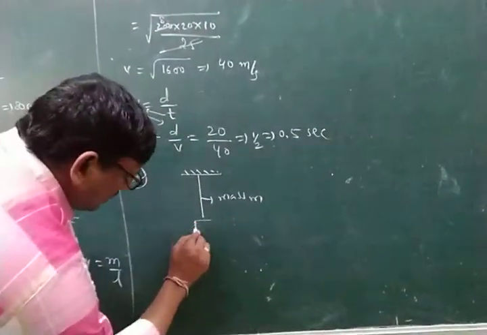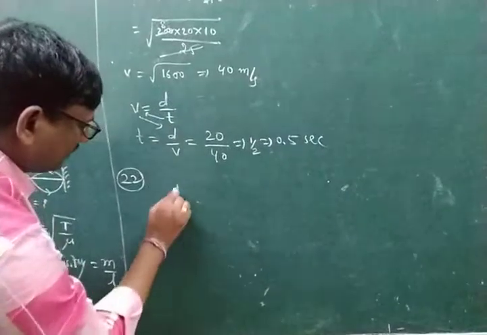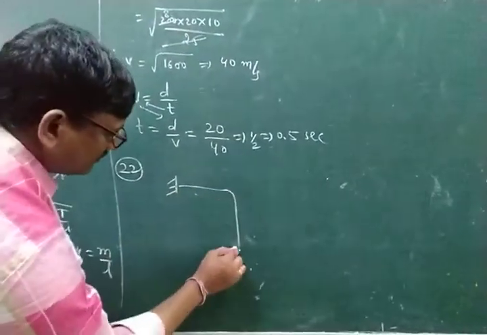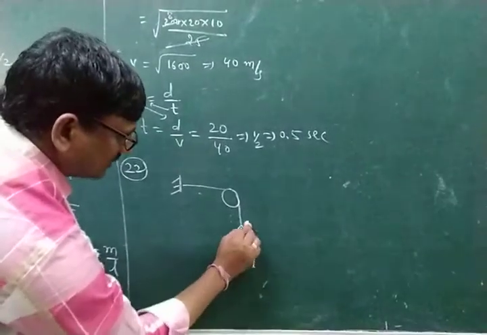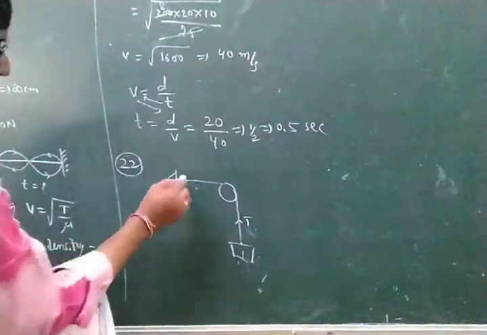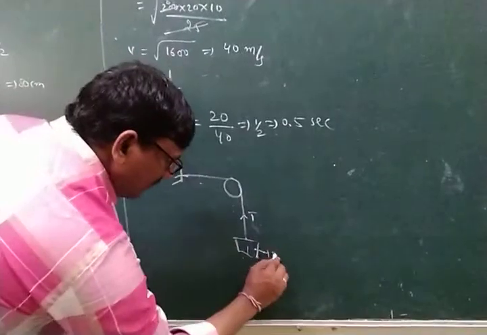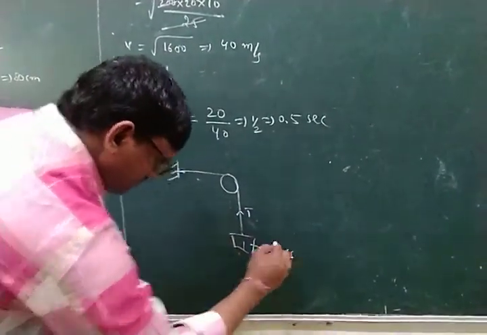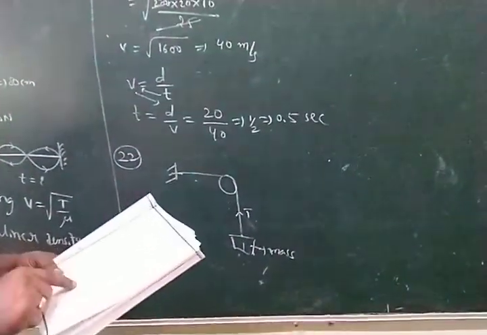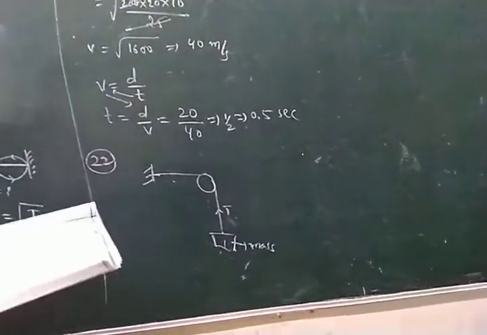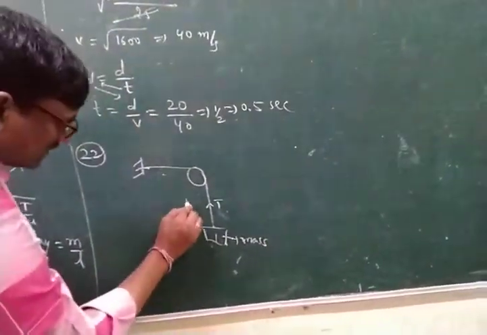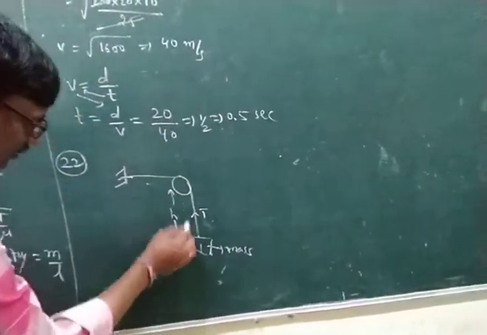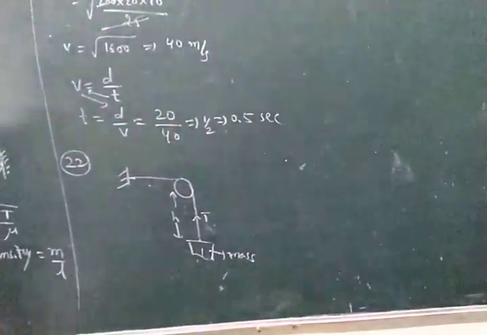Here the tension is produced in the string, due to the weight of the rope. The speed of the wave pulse at a height h from the lower end to the highest point. This is the height h, from the lower end to this position. Then here we know the formula.